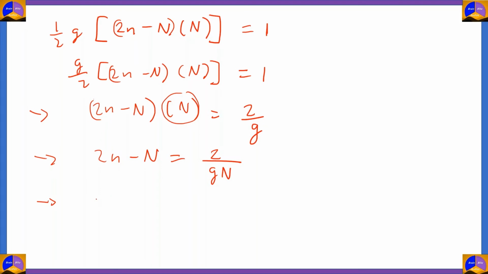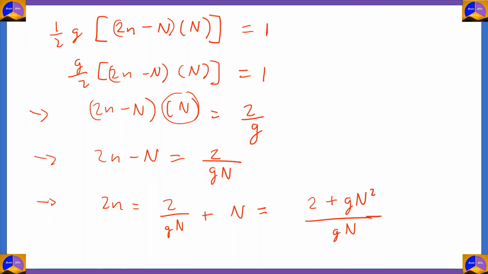Now, let's plug in the value. Instead of plugging the value, let's put this minus N to the right-hand side. So it becomes plus N. 2 into small n is equal to 2 by g times capital N plus capital N. And taking the LCM on both sides, we get 2 plus g capital N squared divided by g capital N. What we did was we multiplied the denominator g capital N to the numerator capital N, so we got g capital N squared.